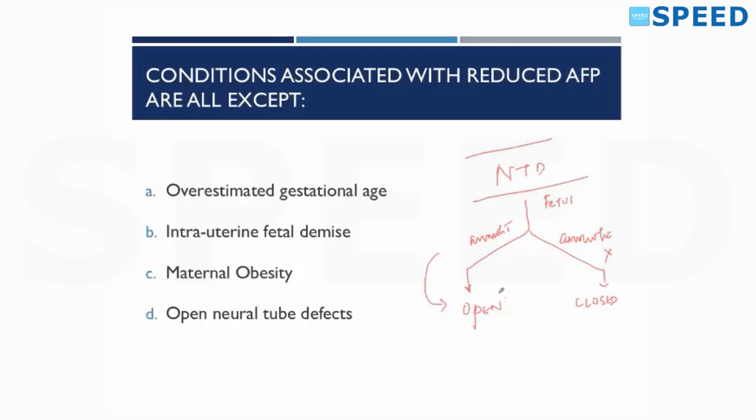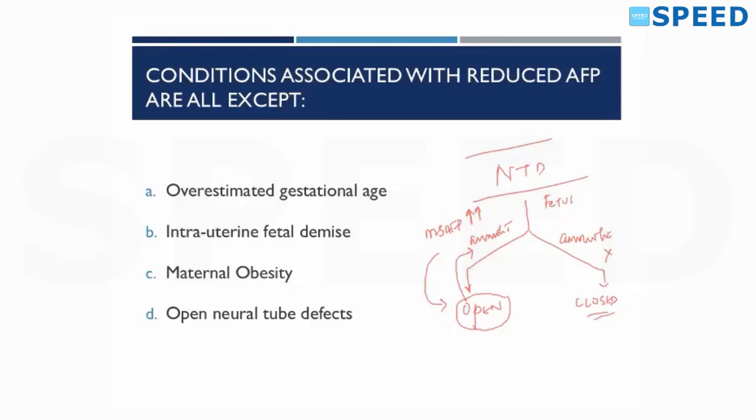Whenever there is an open neural tube defect, the alpha fetoprotein is going to leak from the CSF and get mixed with amniotic fluid. If you take the maternal serum alpha fetoprotein levels, that is going to be sky high. But in closed neural tube defects, there is no such communication between the fetus and the amniotic fluid.